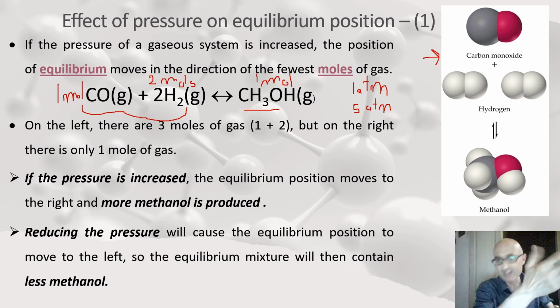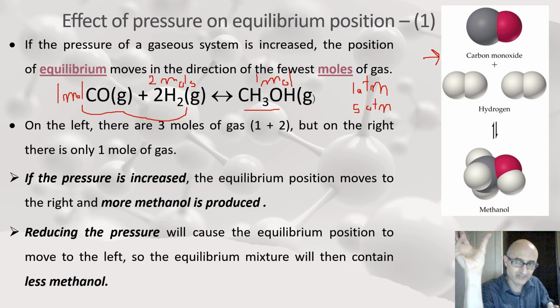Now in this case, we want to produce methanol. So pressure-wise, this reaction would probably take place at quite a high pressure. I have invented the numbers, 1 atmosphere and 5 atmospheres. You could check out for yourselves the actual working conditions for this reaction.